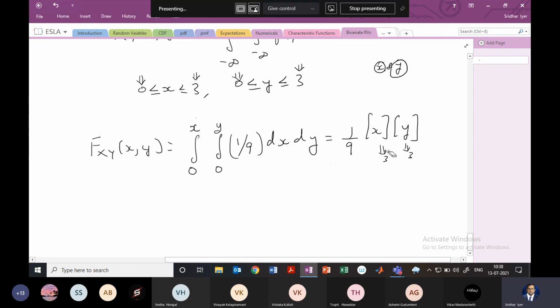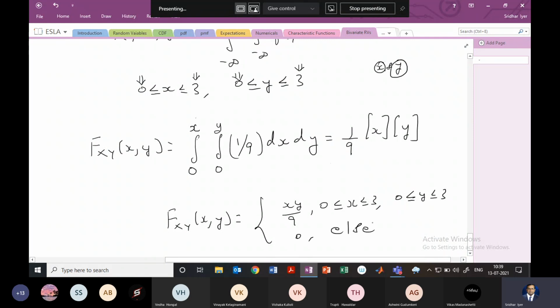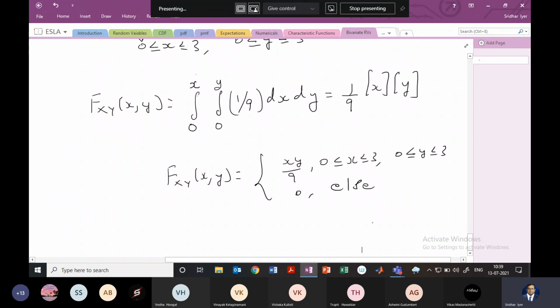But we are not doing that. We are only finding the general equation for the CDF. Therefore, the CDF in this case, Fxy of x comma y, has a value xy by 9 for x between 0 and 3, for y between 0 and 3, and 0 otherwise. Right? I hope this was also clear.